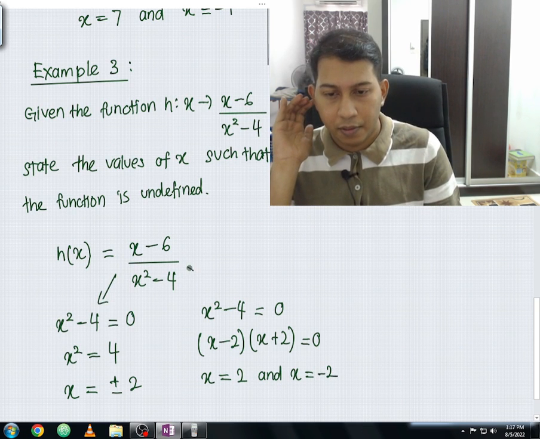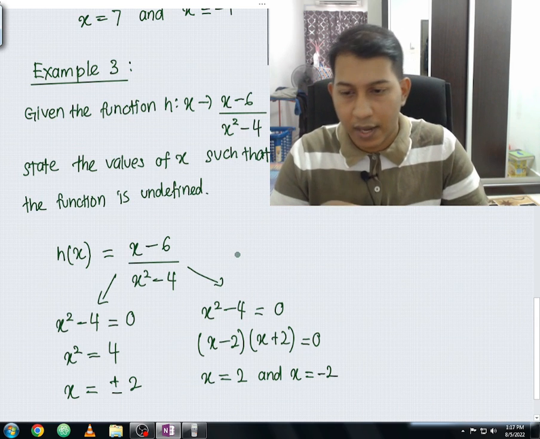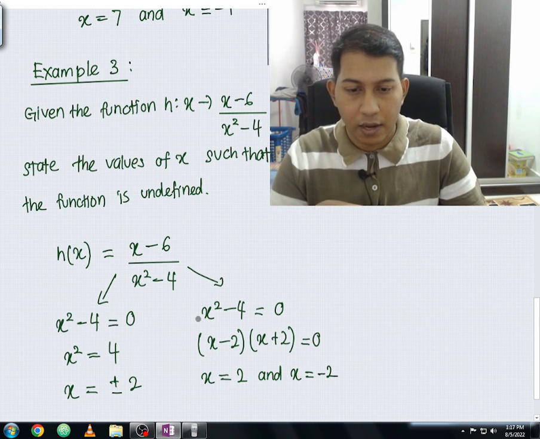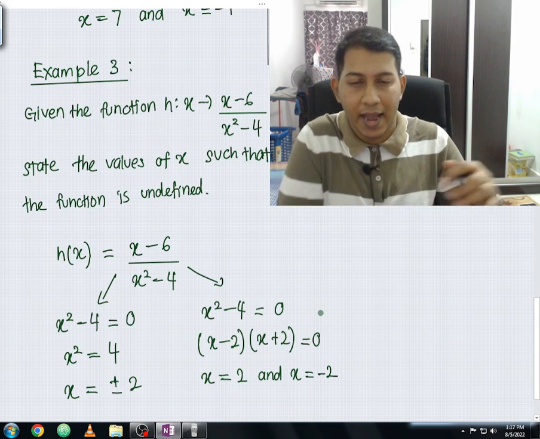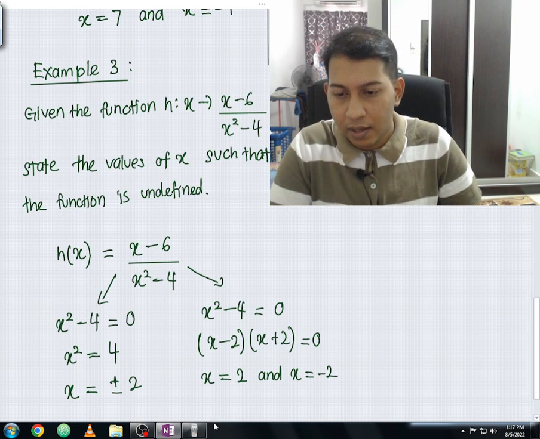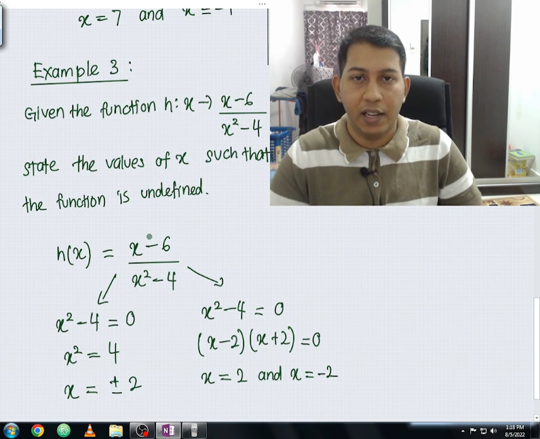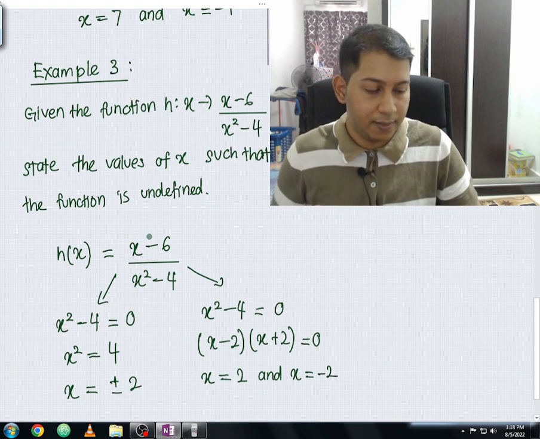Whichever way, it is up to you guys. You can use this or you can use this also can. But at the end, your answer must be correct. In this case, your answer will be 2 and negative 2. If you have these two values, your function automatically will be undefined. That is the explanation behind this.